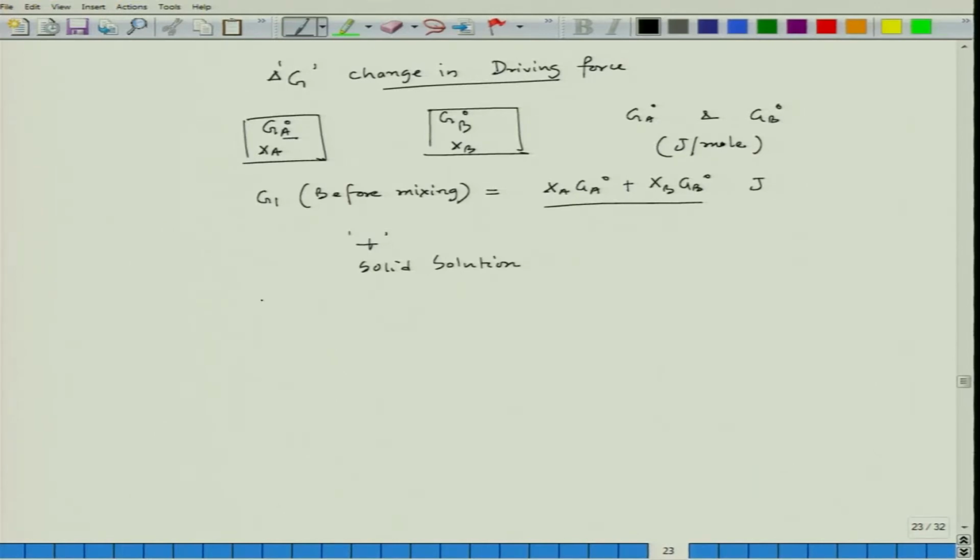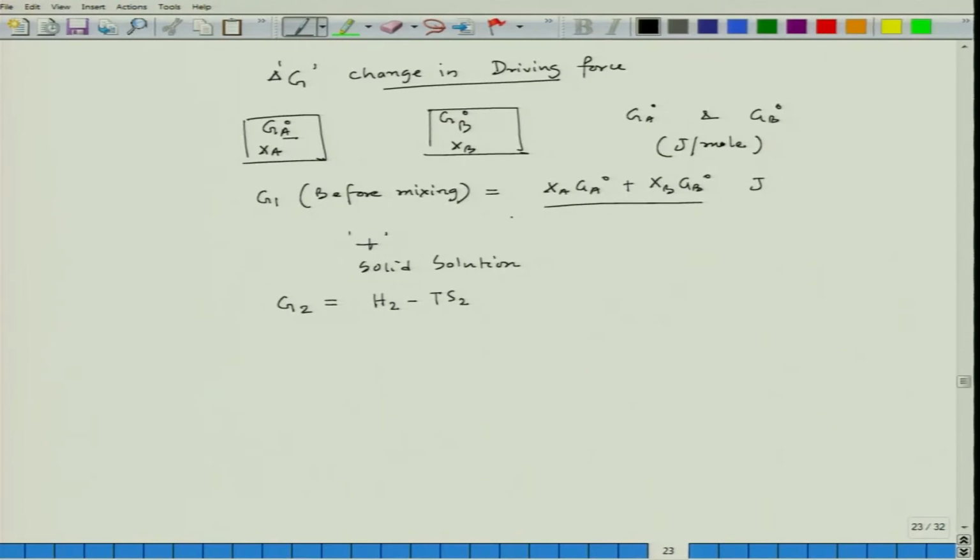Once it forms a solution, it would go to a different free energy, which can be written as H2 minus TS2.